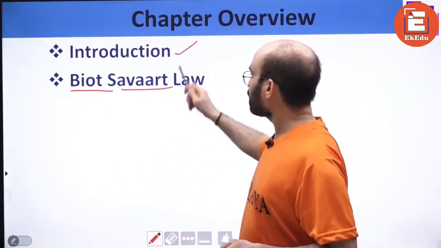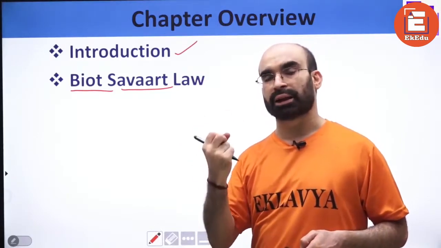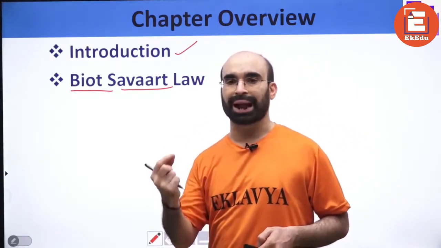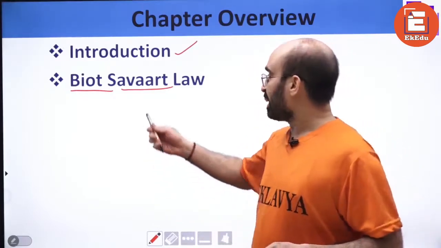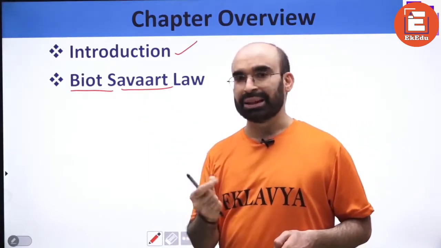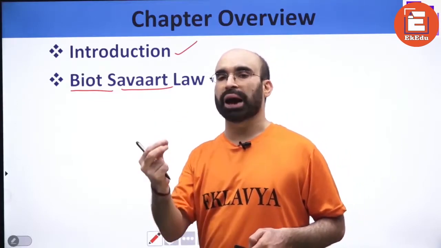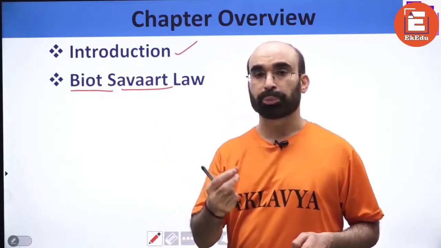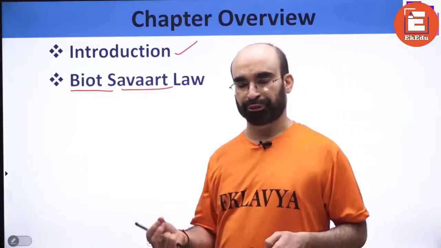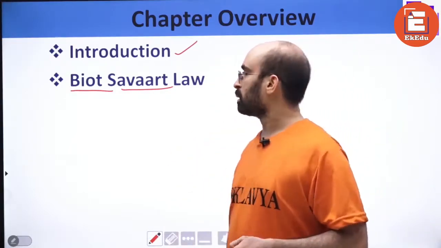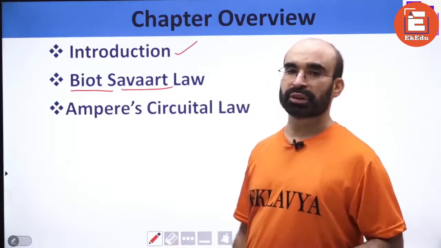In this we will understand that there would be a magnetic field around a current carrying conductor. This law tells us the magnitude and direction of the magnetic field. Third is Ampere's circuital law.